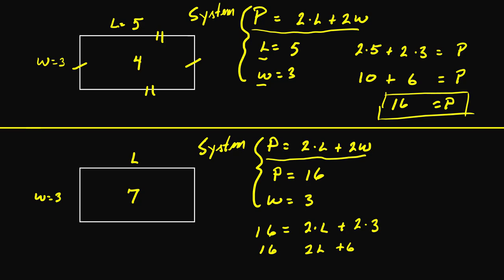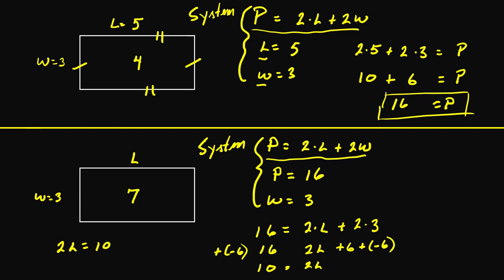You know how to solve this from what we've done earlier in the semester. We're going to add the opposite of that positive 6. Do the same thing on the other side of the equation. And we have 2L left there on the left-hand side of the equation. That gives me 10. Now we have 2L equals 10.